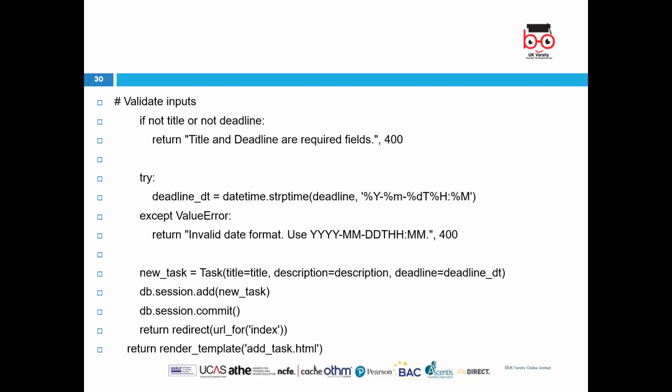So we're now going to say try, pulling a new parameter from datetime.strptime, and that's the new parameter that will be pulled. And we also need to have an exception. We throw in an exception, and this is going to return a value saying invalid format, and it shows you the correct date format that has to be used.